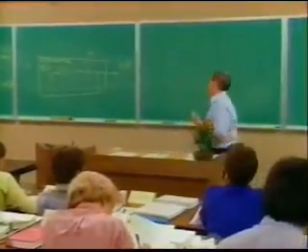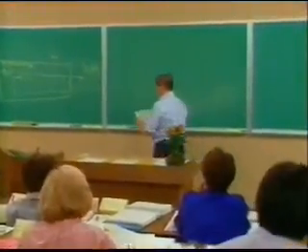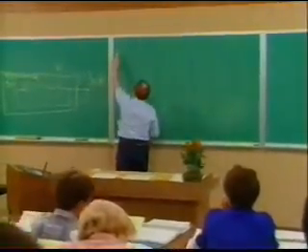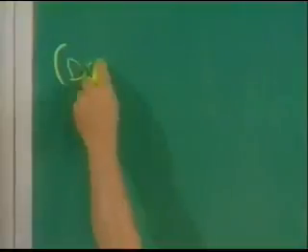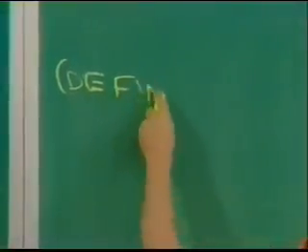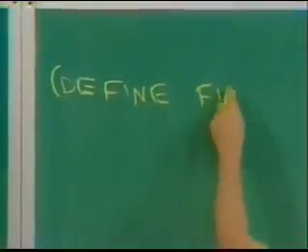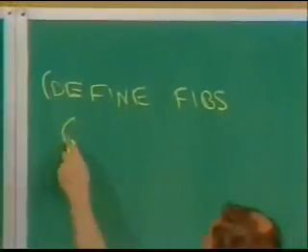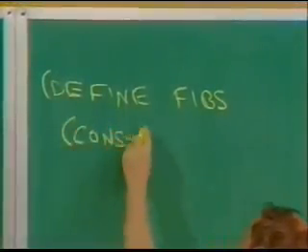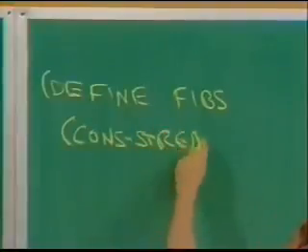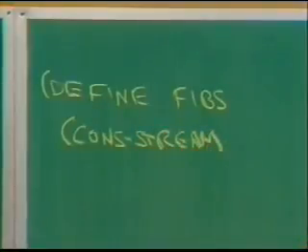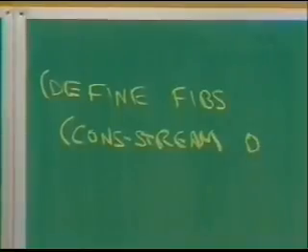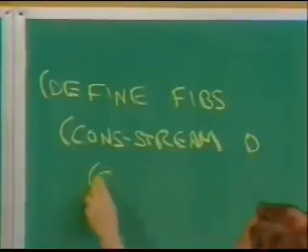Well, all sorts of things we can do. Let's try this one. How about the Fibonacci numbers? We can say define fibs. Well, what are the Fibonacci numbers? There's something that starts out with 0, and the next one is 1.